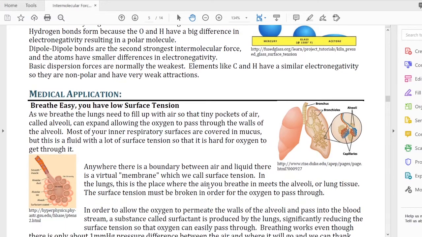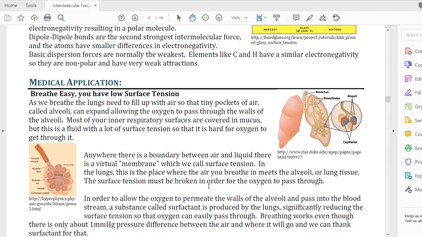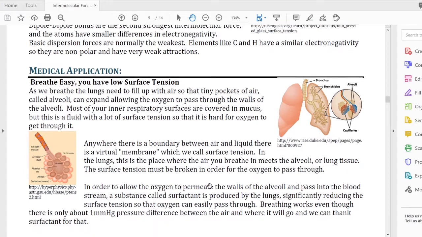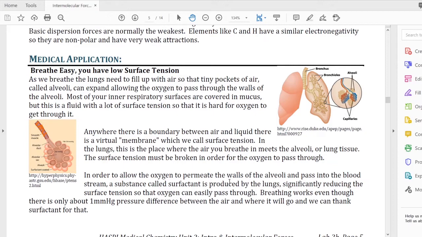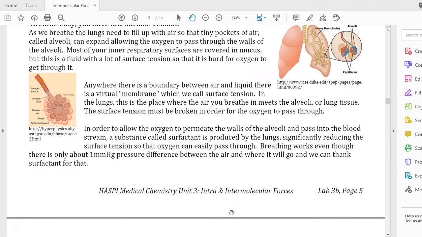If we couldn't naturally make this surfactant that breaks the surface tension of the mucus in our lungs, we wouldn't be able to breathe in and breathe out. So it's really important that we have that surfactant. And they use that idea for when someone gets sick too.